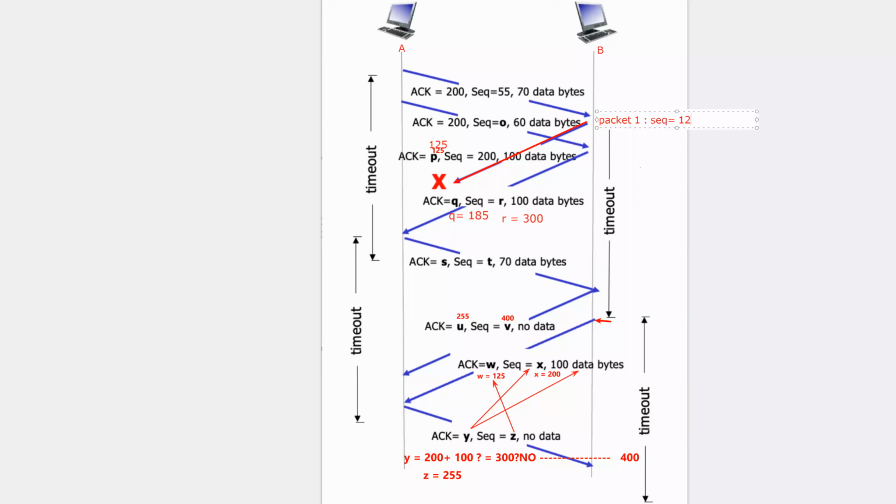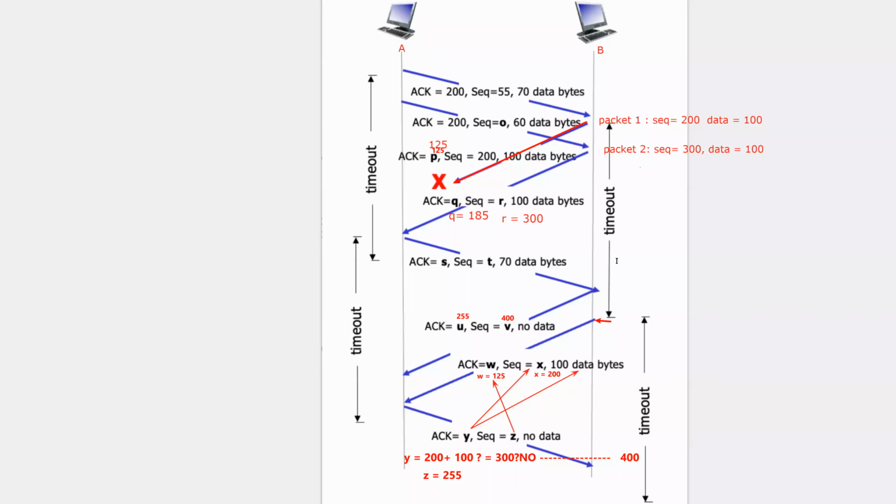No, it's sequence number 200, sorry, and data is 100. This is packet 1 from B to A. And this is the second packet, packet 2. Sequence number is 300 and data is 100 as well. So no issue with these two packets from B to A.